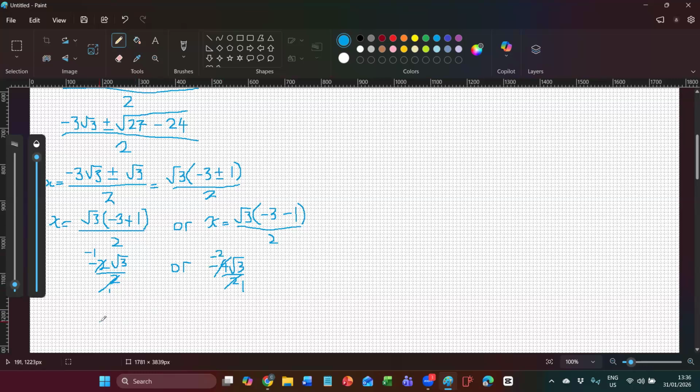And what do we have? x is either equal to root 3. Okay, so let me write back our x because this is where we have to come back to the original. Or x equals minus 2 root 3.